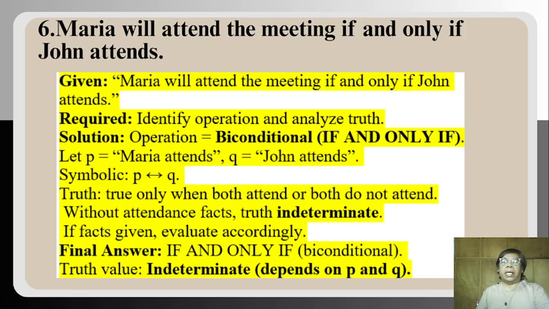Symbolically, P, double arrow, Q. Truth table: true only when both attend or both do not attend. Without attendance facts, truth is indeterminate. If facts are given, evaluate accordingly. Final answer: if and only if, biconditional. Truth value: indeterminate, depends on P and Q.